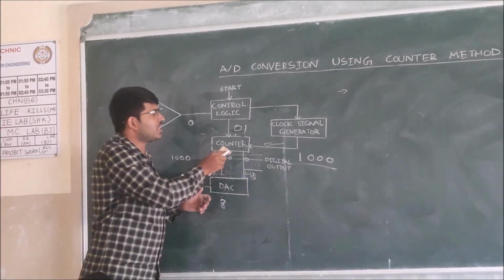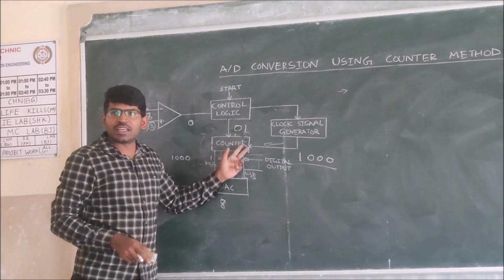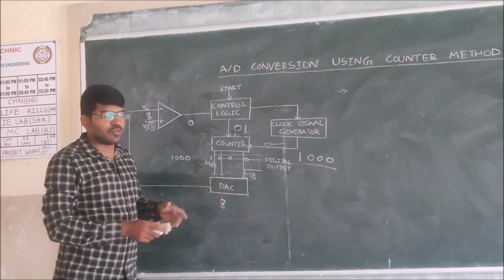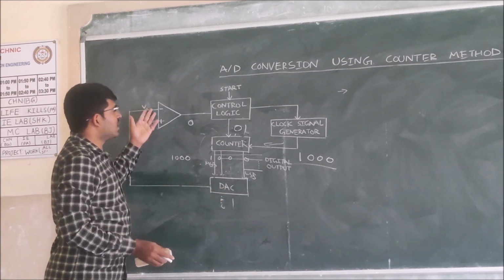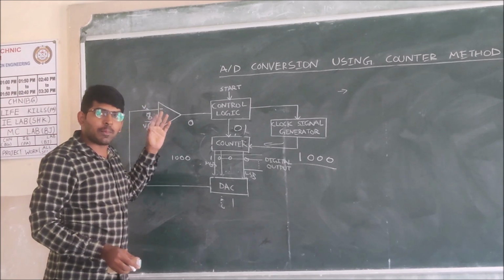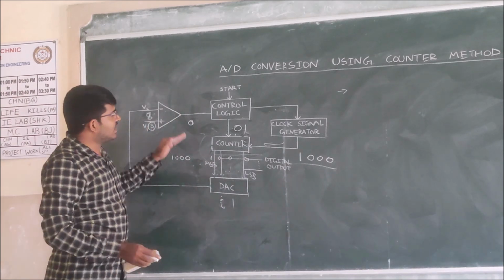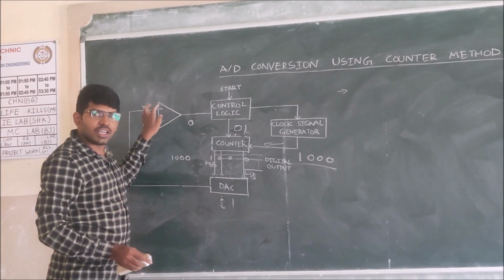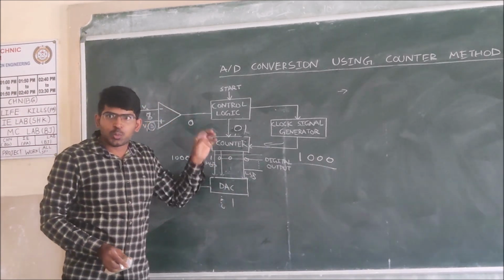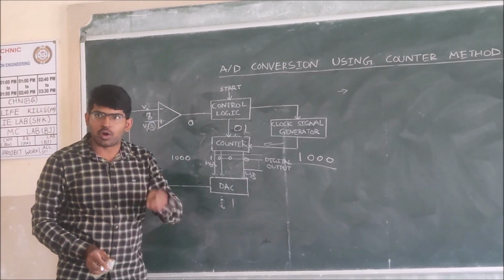Now the counter value is 0, 1. The binary equivalent value will be converted to analog value, which will be 1. We are checking whether that value is greater than the input we have supplied at the non-inverting terminal of this comparator or not. Until the value is equal or crosses the input we have given at the non-inverting terminal, the comparator output will be 1.